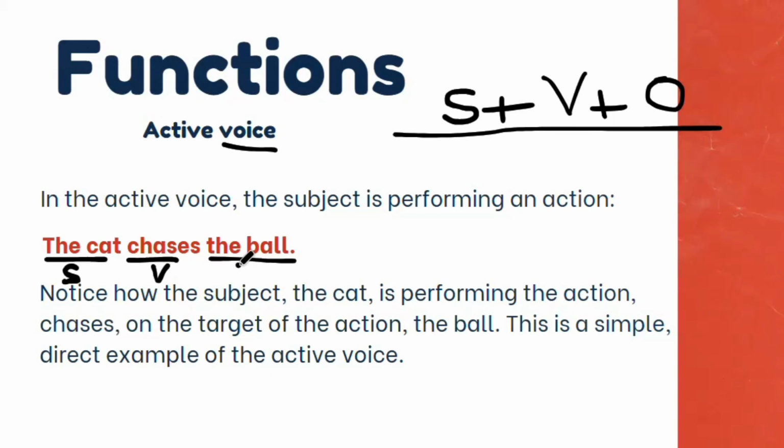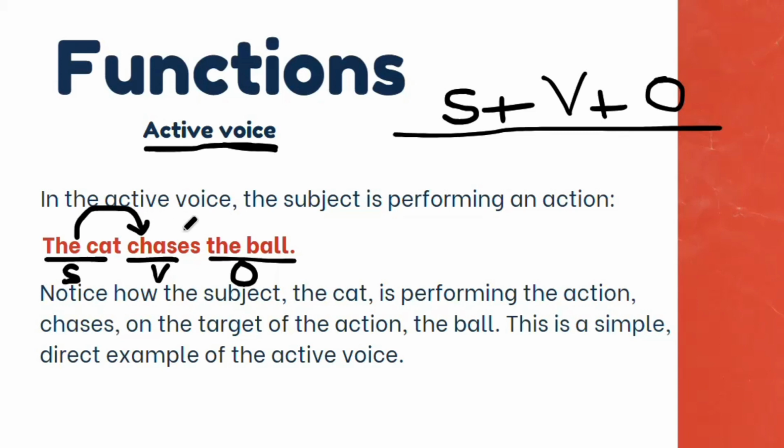She chases a ball. So, in simple English sentences, or let's say in active voice sentences, the subject of the sentence is the doer of the action as well. It means the cat is the subject, so it is doing something, that is the action of chasing, right?